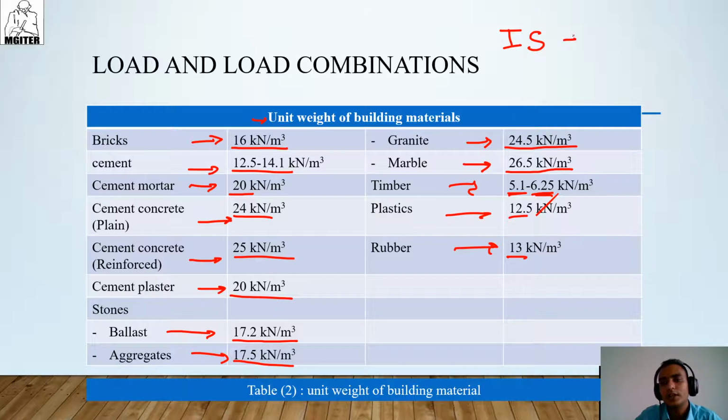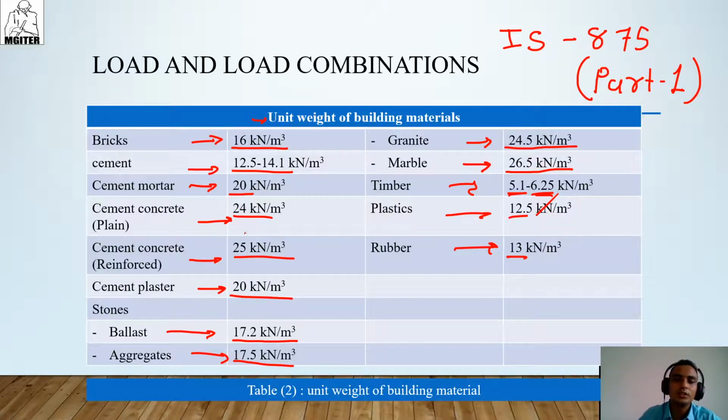IS Indian Standard Code 875 Part 1. IS 875 Part 1. You will find all the values of the unit weight of building material from this code.